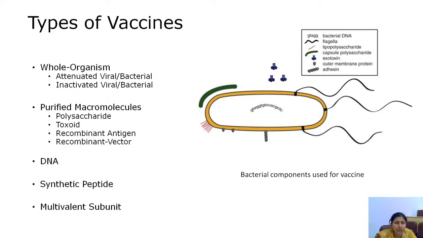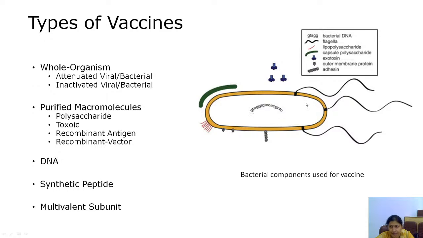So how are these vaccines usually prepared, or what are the targets for these vaccines, how are they chosen? If we broadly see the bacterial morphology, we know that the majority of bacteria have a capsule and a cell wall, and are covered by polysaccharide. They have long flagella, pili, and some outer membrane proteins or adhesive molecules.